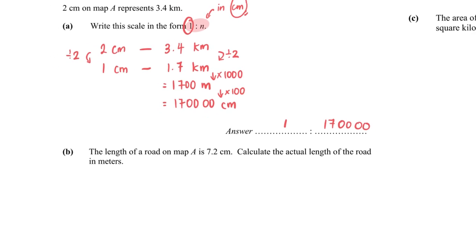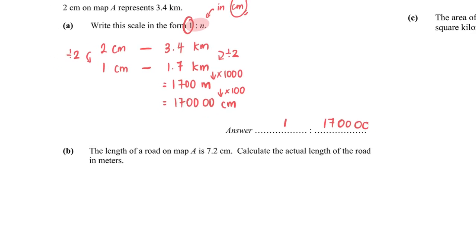Part B. The length of a road on the map is 7.2 cm. What is the actual length in meters? For this question, notice I will use this because first, I don't like to deal with very large numbers.